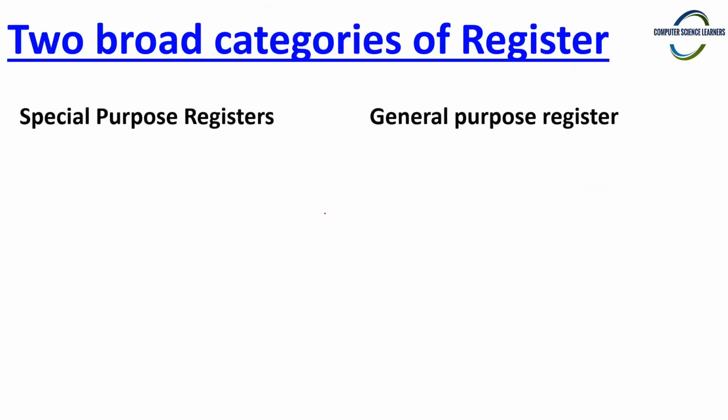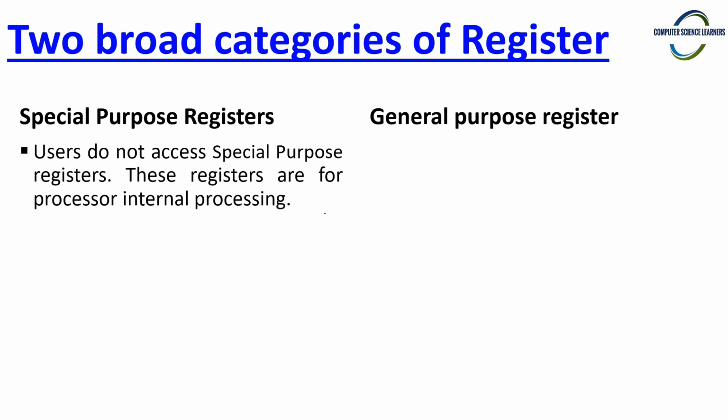So there are two broad categories of register in the CPU. One is special purpose register and the other one is general purpose register. Special purpose register, as the name itself is self-explanatory, are reserved for some specific purposes.